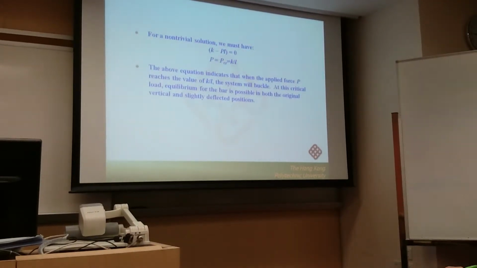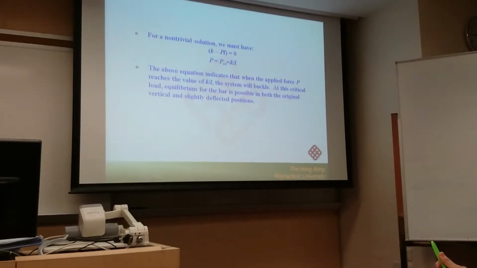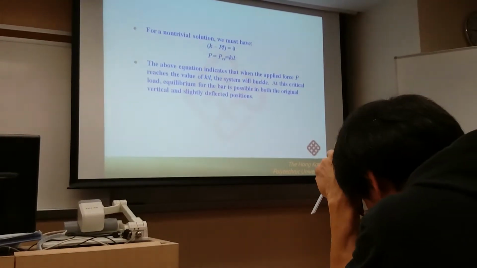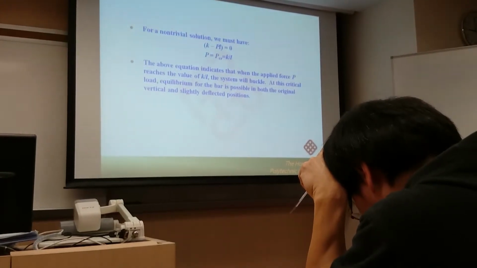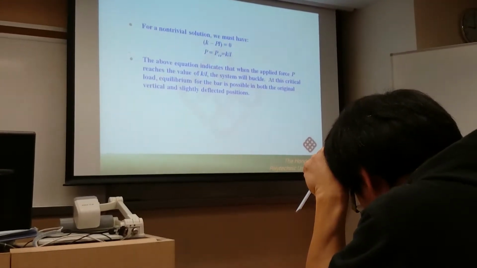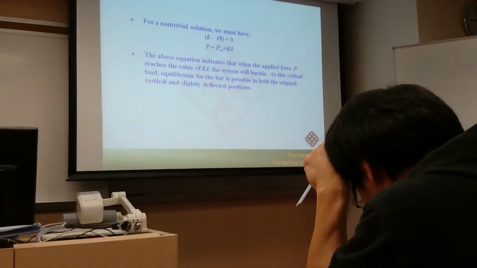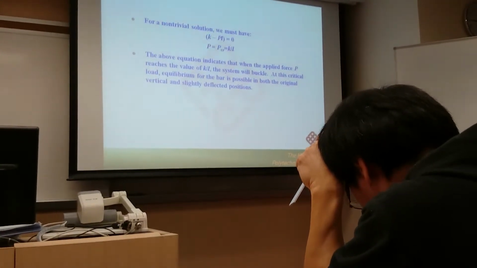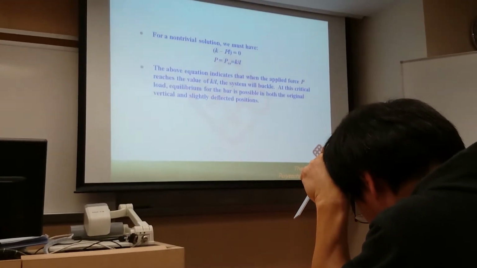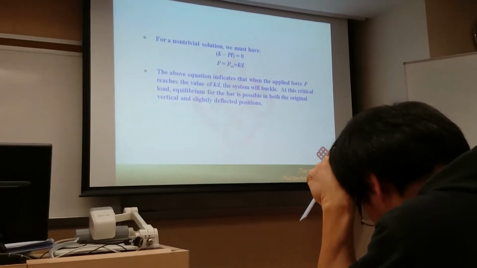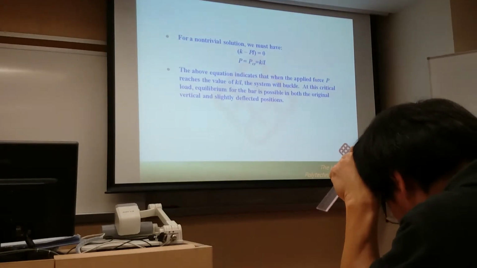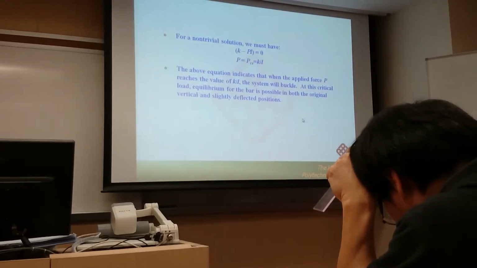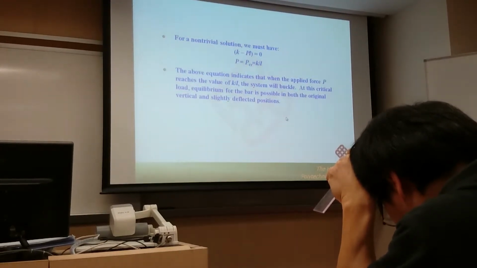It's not the solution about the response. The non-trivial solution is a solution about the applied force, and the corresponding response can be any non-zero value, because any non-zero response can satisfy the equilibrium equation when the applied force is equal to the critical load. So this is a basic idea I want to tell you very clearly.